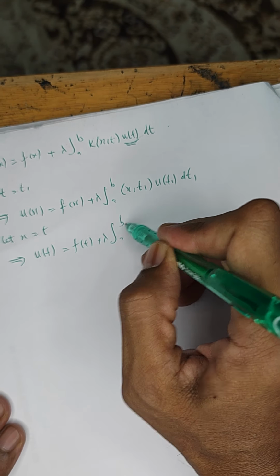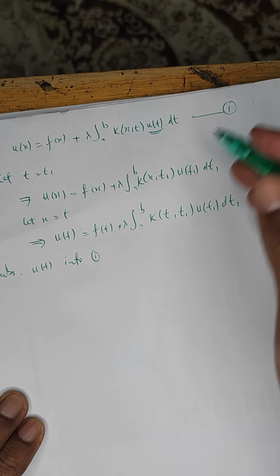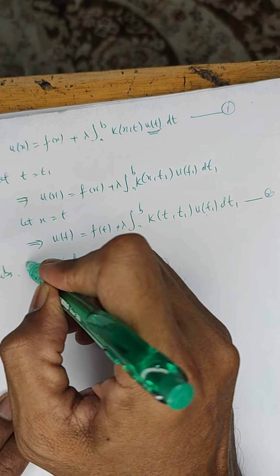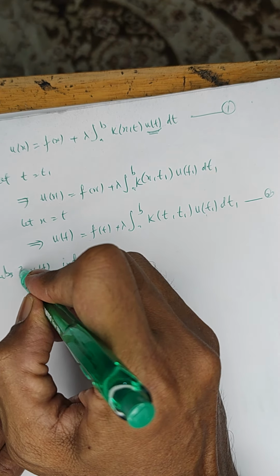So substitute this u(t) into 1. You can give a name to it if you want. Let's call that 2. Then we substitute 2 into 1.